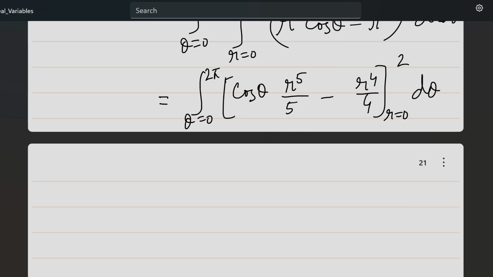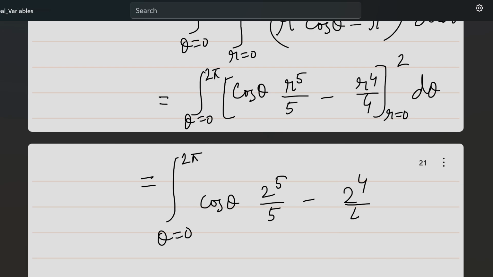So I will put the limit 2 first. Theta equals 0 to 2 pi, cos theta into 2 power 5 by 5 minus 2 power 4 by 4, whole thing d theta. So 2 power 5 by 5 is 32 by 5. Integral of cos theta is sin theta, theta varying from 0 to 2 pi.